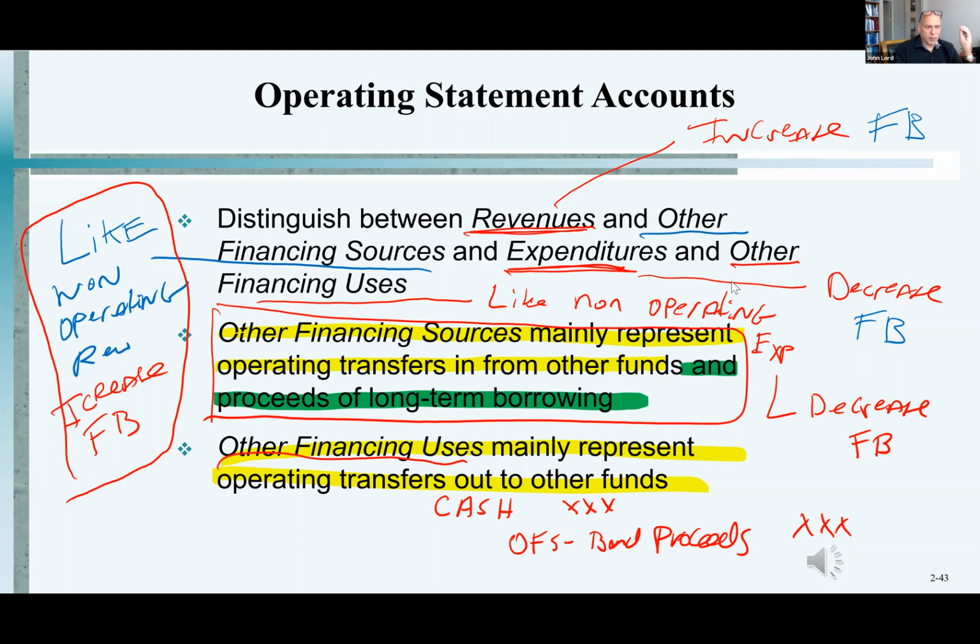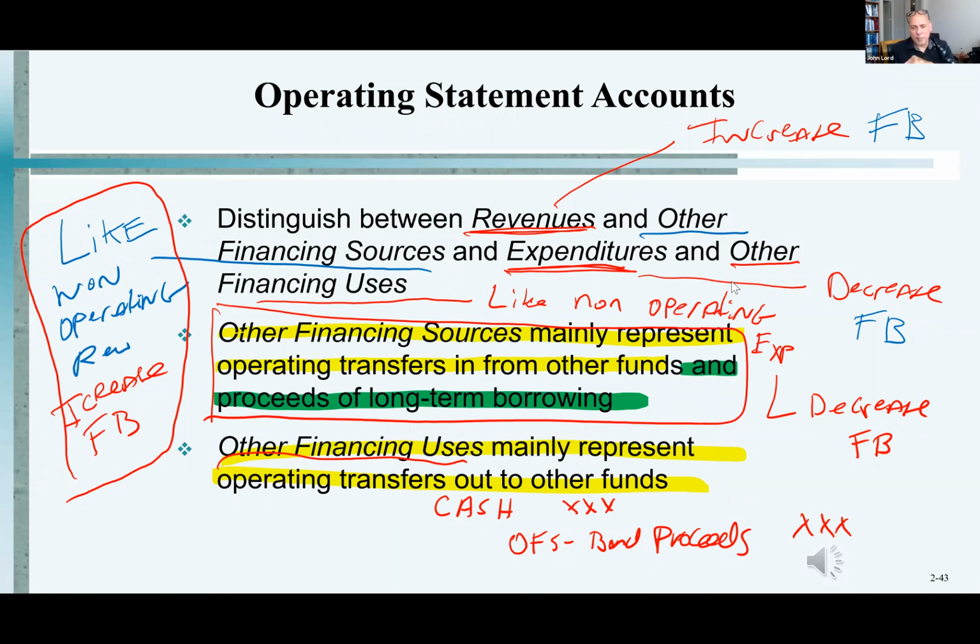Go back to our little example of the 30,000 that was needed for that environmental study. When the general fund transfers that 30,000 to the capital project fund, the general fund will credit cash because cash is coming out, and it debits other financing use, not non-operating expenses, they don't have those. It reports that on the statement of revenues, expenditures, and change in fund balance as an other financing use, transfer out.